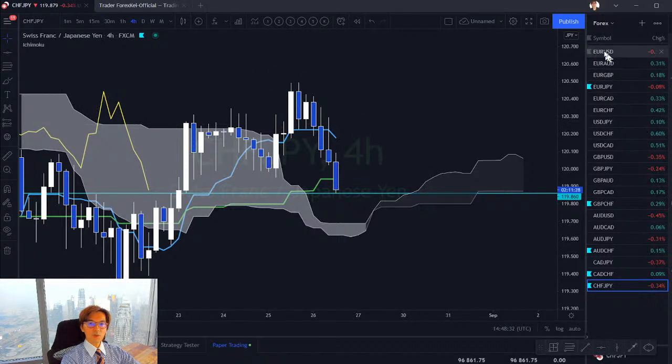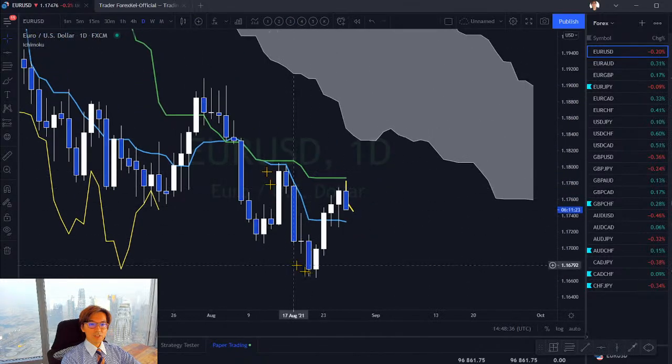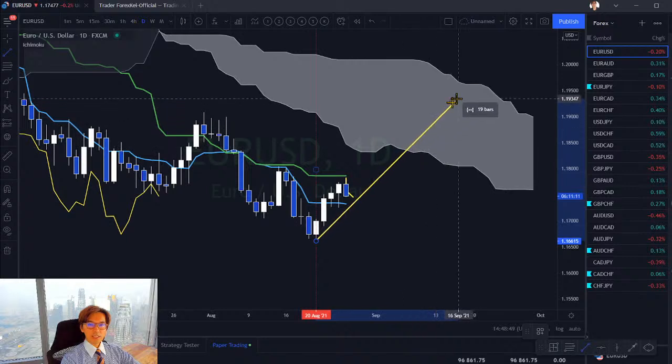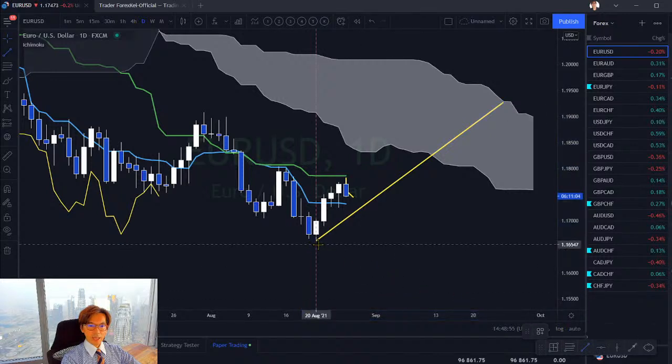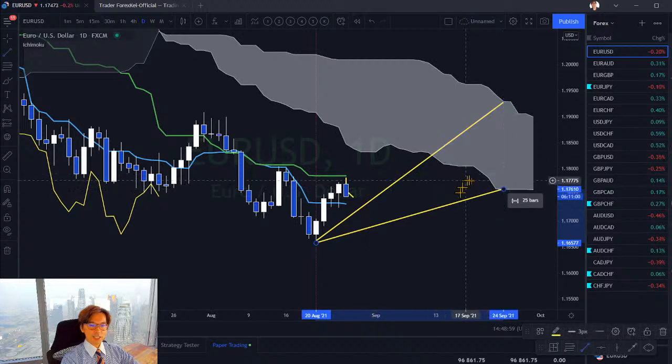So for example, like euro dollar, daily chart, the market is retracing backwards now. So you can take this swing low on this day, 20th of August, and you draw one of the lines from the low to the Senko span B at that time, and another one to Senko span A at that time. And these are called forecast lines.